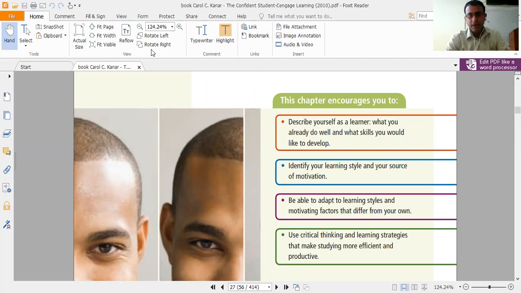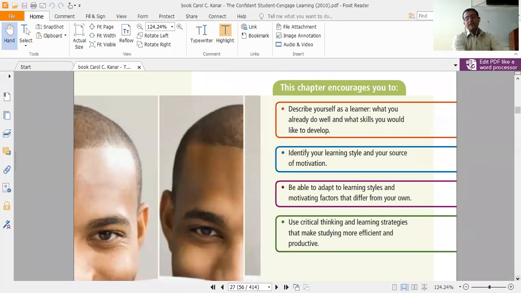You should know where you stand, what you can do, what you cannot do, your likes and dislikes, how much knowledge you have got, and where you are heading. This will help you to improve your study skills.